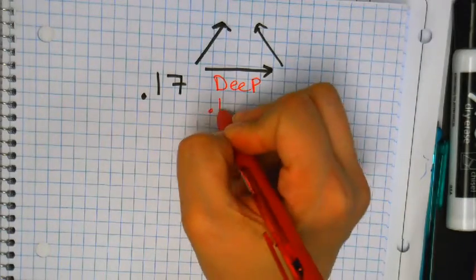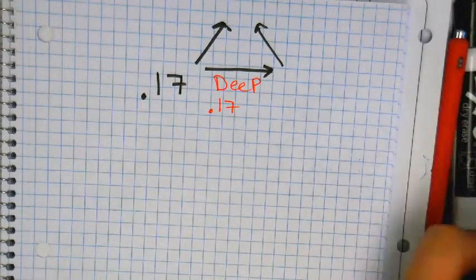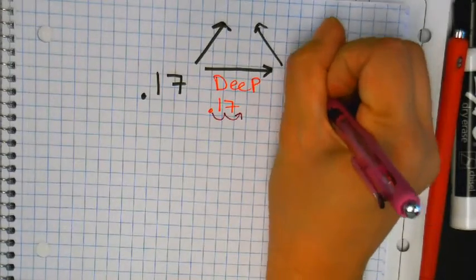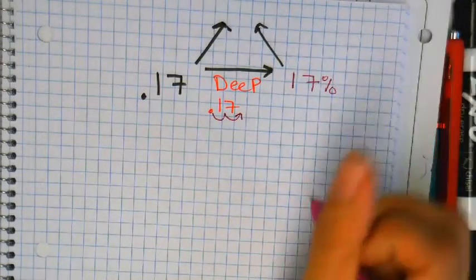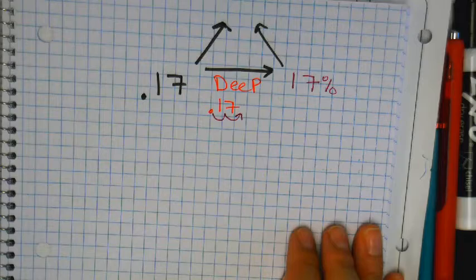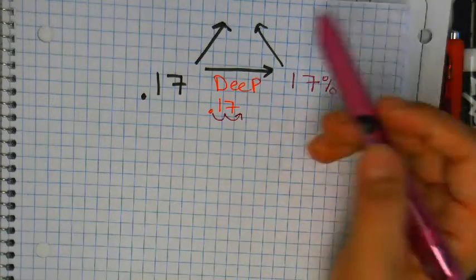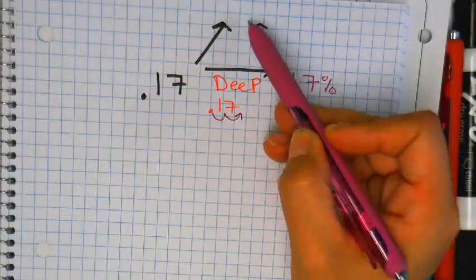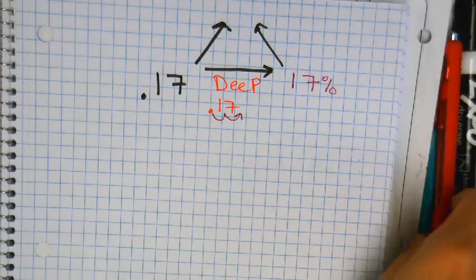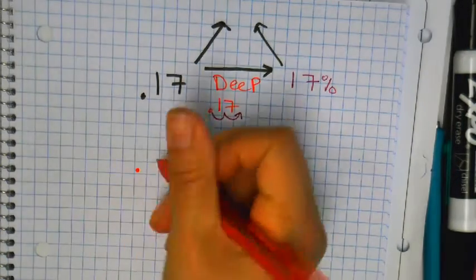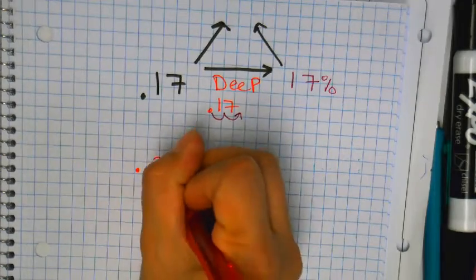So 0.17, move it twice, it's 17%. All you have to do is move it twice. Easy enough? Leave the fraction blank for now. We're going to leave this fraction part blank. What if I give you 0.35?